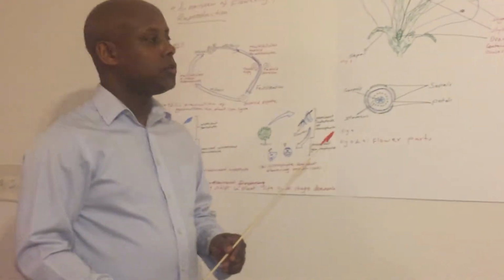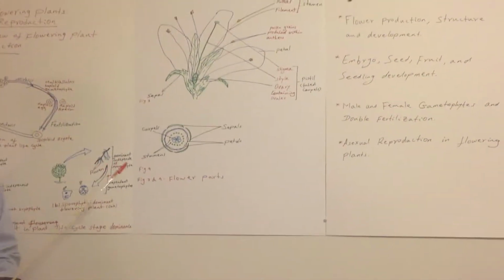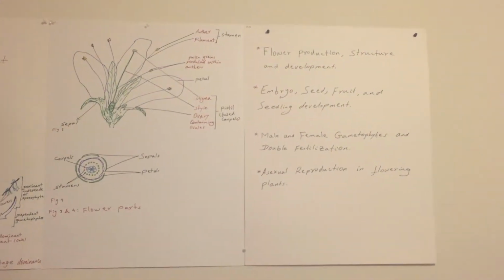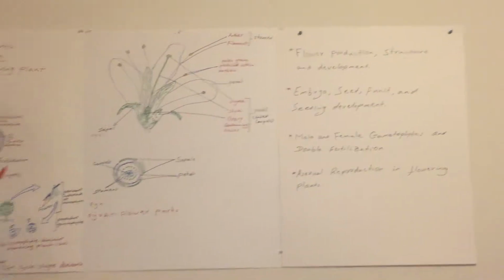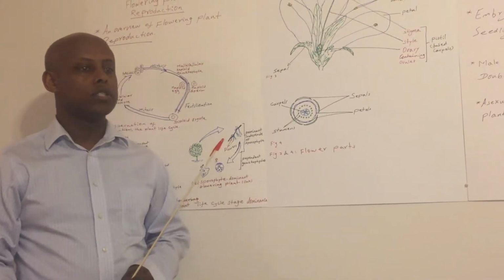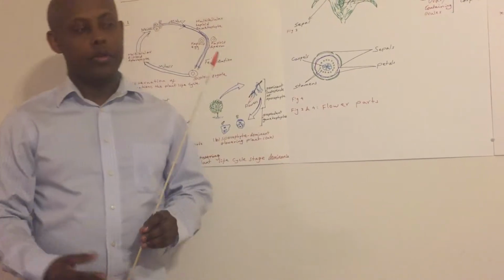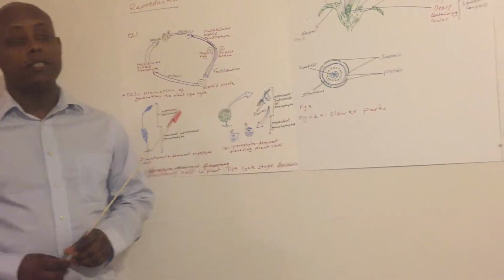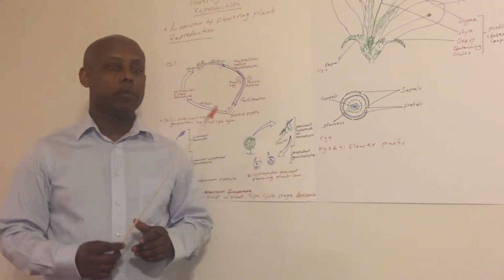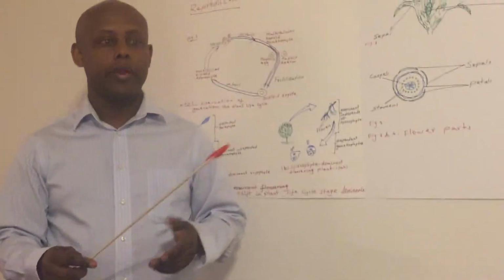Then we go to the next portion, which is flower production, structure and development. Plants flower in response to environmental stimuli, such as temperature and day length, and the conversion of leaf-producing shoots into flowering shoots. Flowers vary in types. As I said earlier, it depends on environmental factors, which are temperature and day length, that affect the plant's flower reproduction.